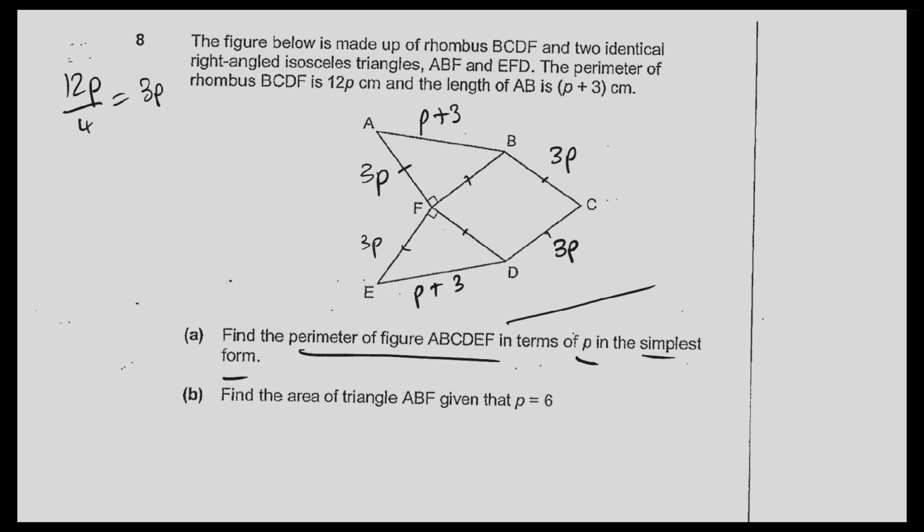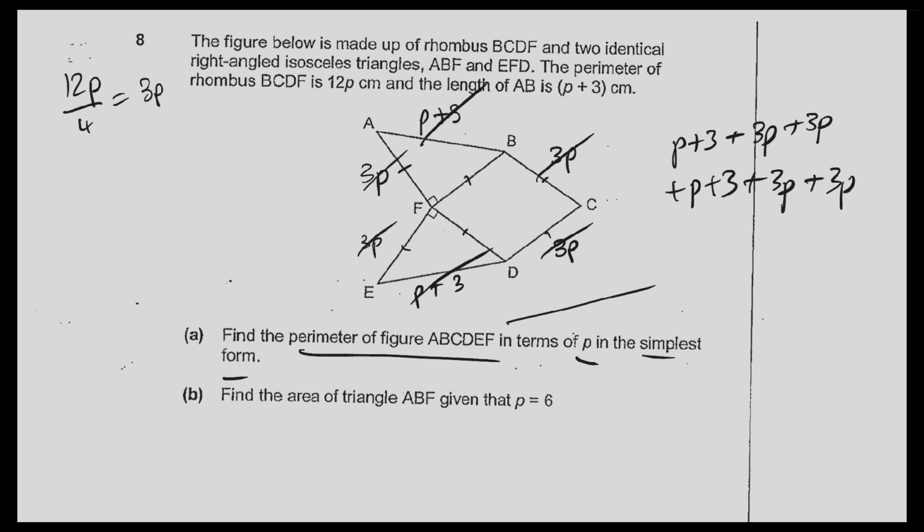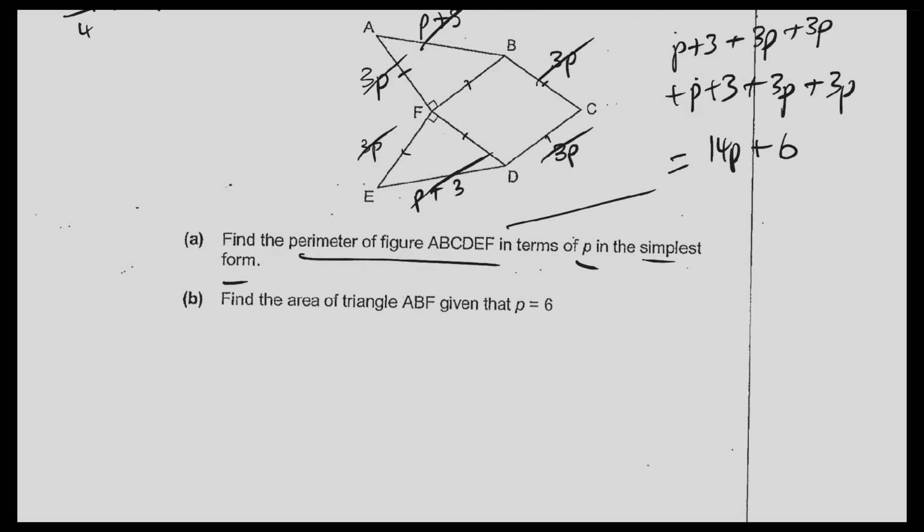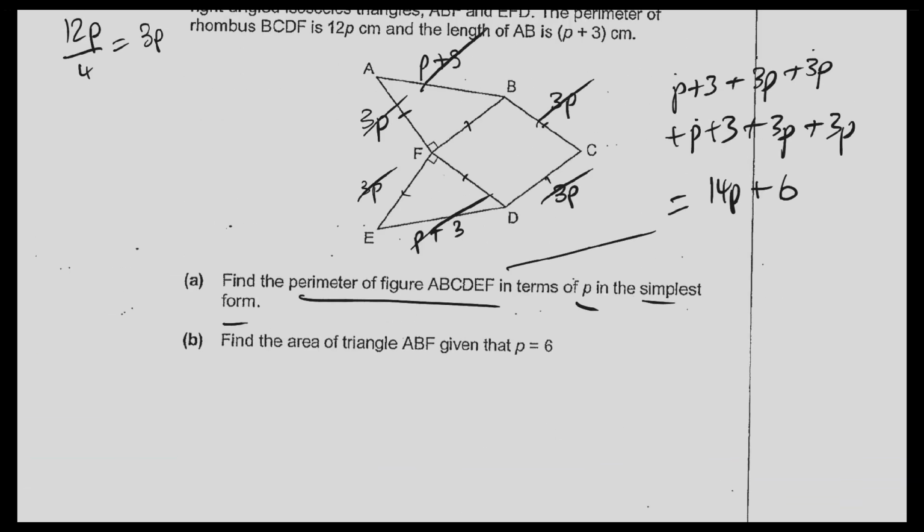Also quite simple, you just take everything and you add that up, right? p plus 3 plus 3p plus 3p plus p plus 3 plus 3p plus 3p, right? And you take everything, you add it up, you take the p's, right? 1, 4, 7, 8 plus 6, that'll be 14p plus 6. Right, that's your perimeter. Right, 14p plus 6.